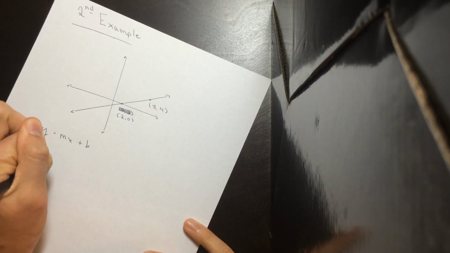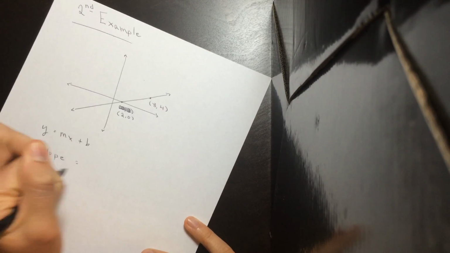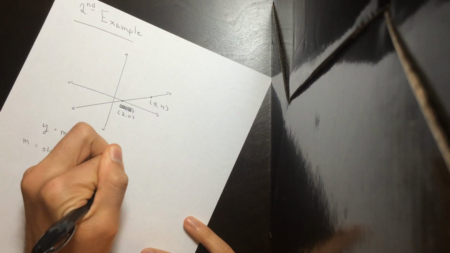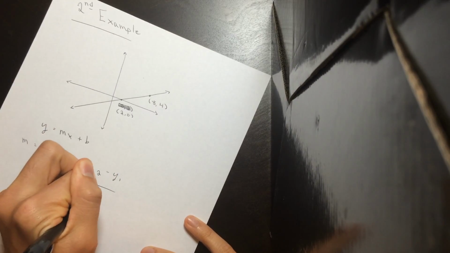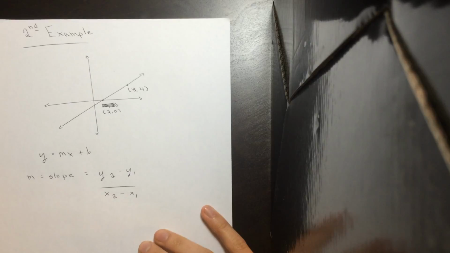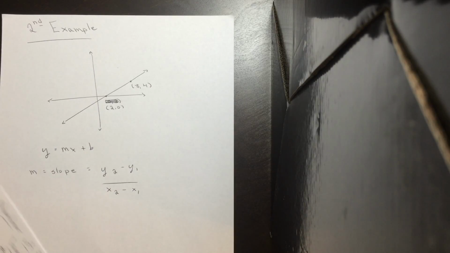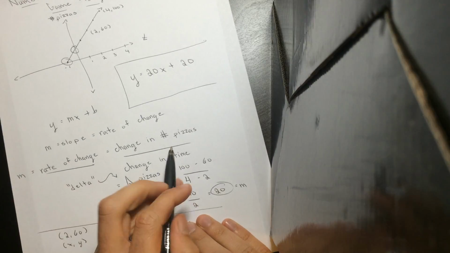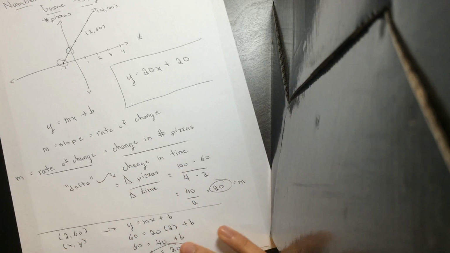M is slope, and we can write this as y2 minus y1 over x2 minus x1. Previously, we said change in number of pizzas for every change in time, and then we said delta pizza, delta time.